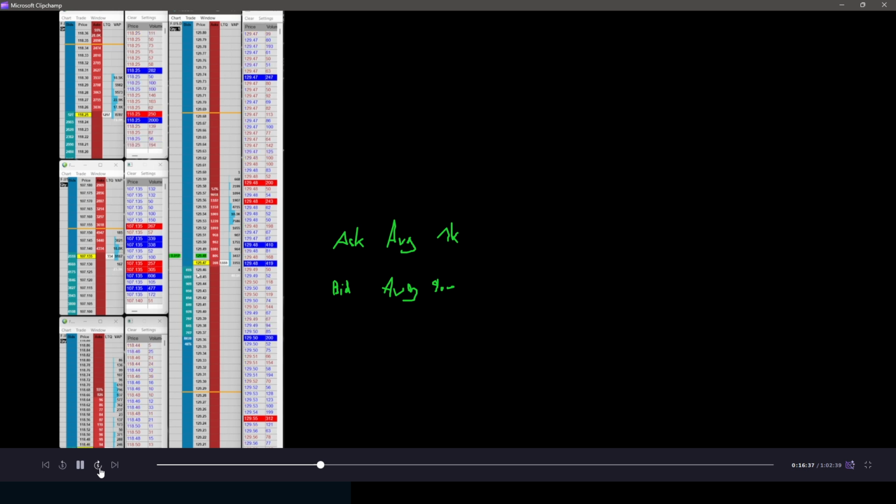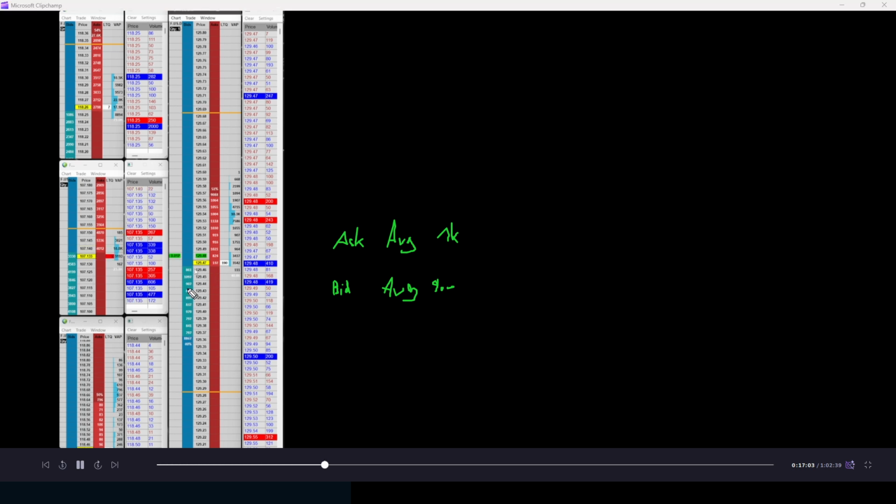Just quickly going to be fast forwarding this a bit because I don't want to make a long video. Small spoof at 45s, yeah. And it seems as the market is respecting this small zone right here.